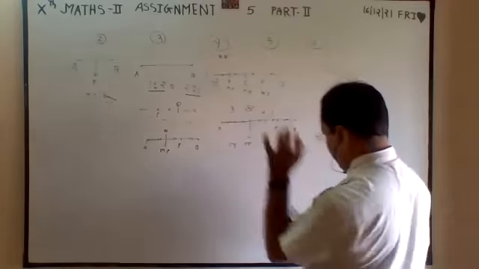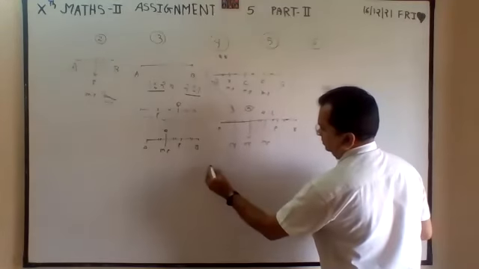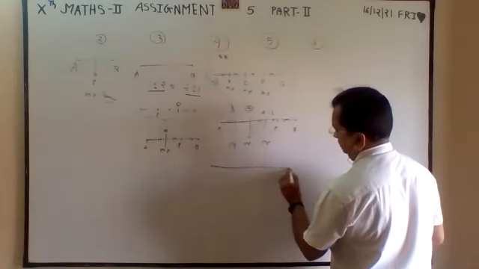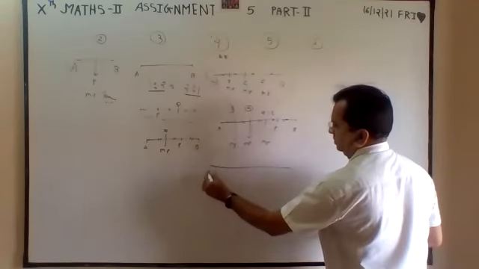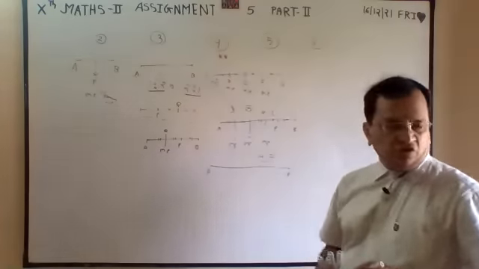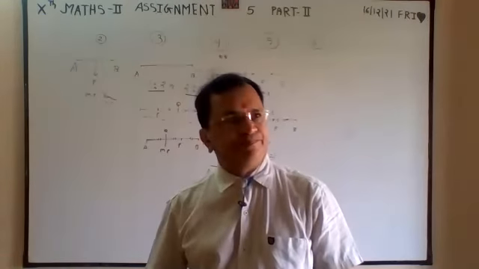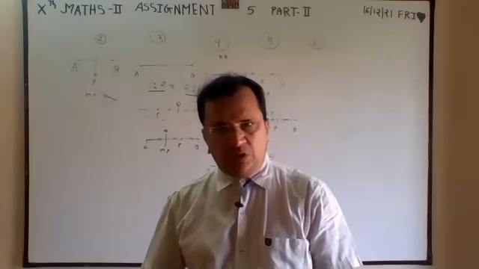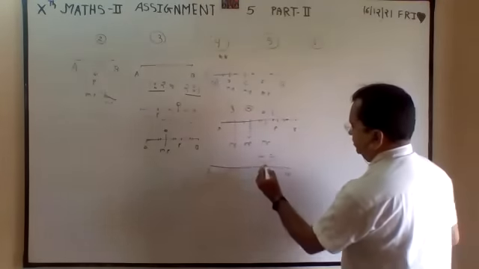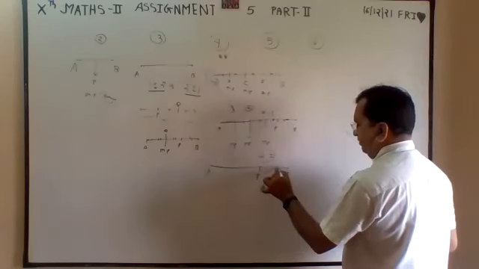6 part exactly like 5 part. How is it? A and B given. Take 4:2 first. 4 part and 2 part. So you will get here 1 point P. Then take PB midpoint.